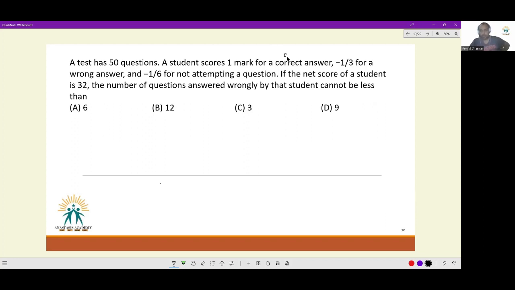correct questions, let that be A. Wrong questions, let that be B. Unattempted questions, let that be C. So A plus B plus C is equal to 50, and A minus B by 3 minus C by 6 is equal to 32.